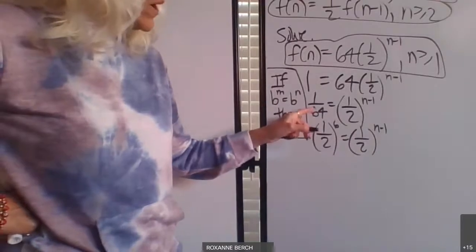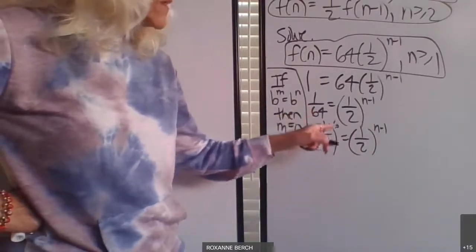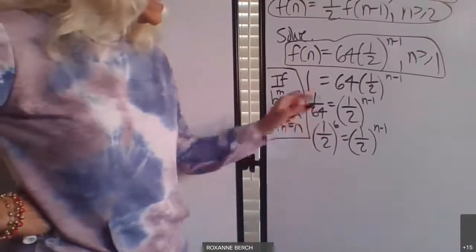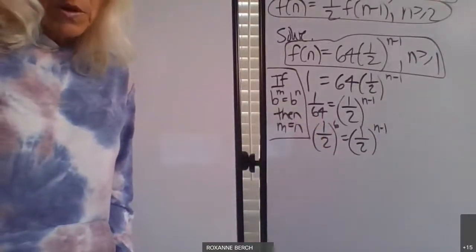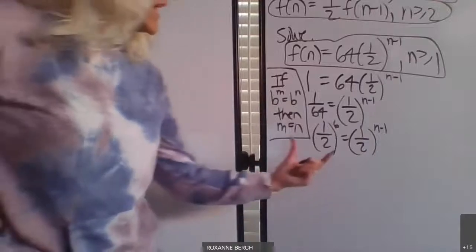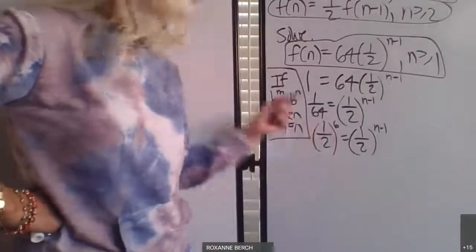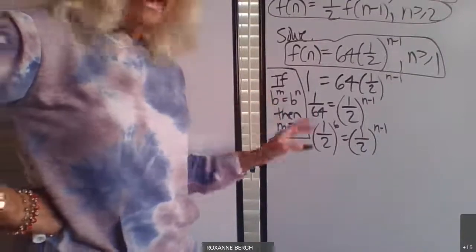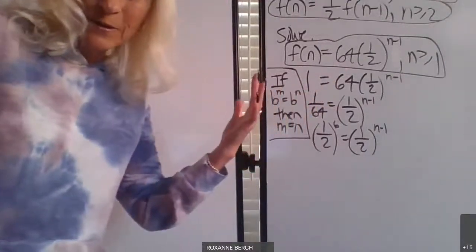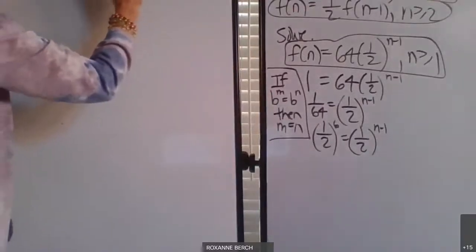I can write 1/64 as 1/2 to the 6th power because 1 to the 6th is 1 and 2 to the 6th is 64. If I can get the bases to be the same, I can use this property that says I can get rid of the bases and equate the exponents. 6 equals n minus 1.